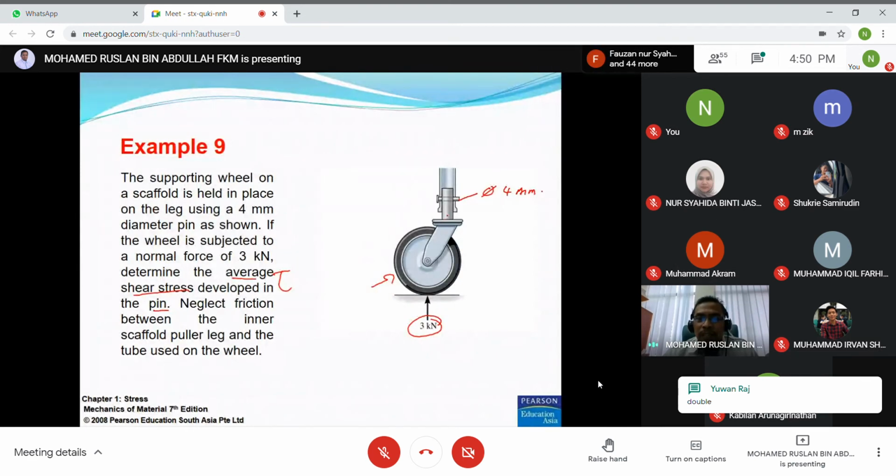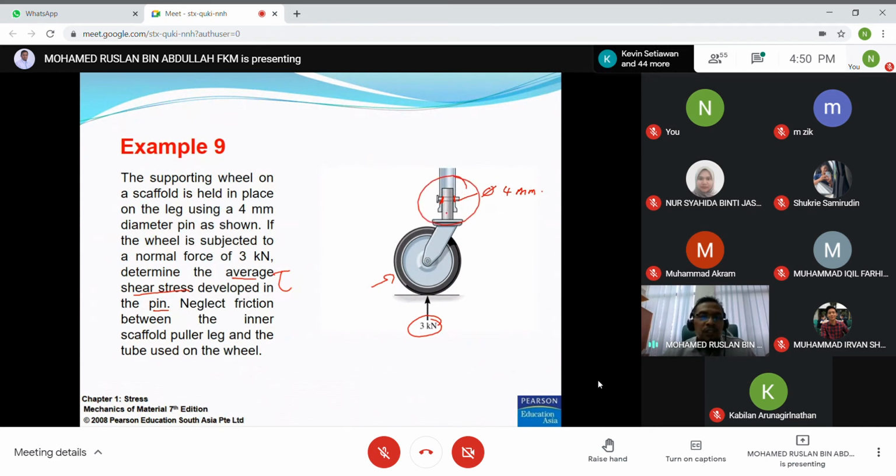Yes, the answer is correct, it is double shear. Because this is the first part where failure will occur, and here also the second one. So we call this a double shear.